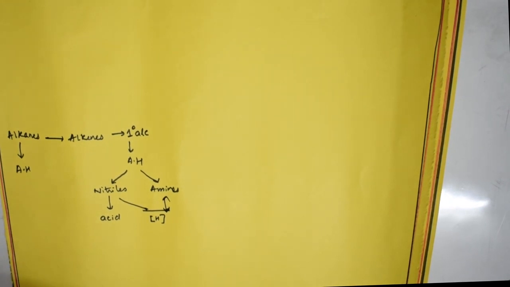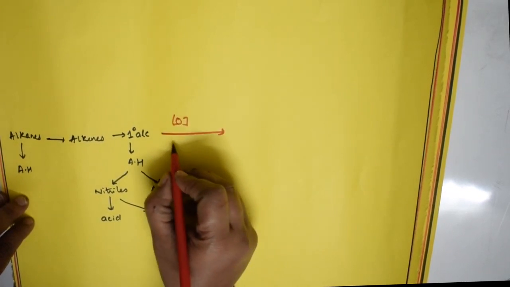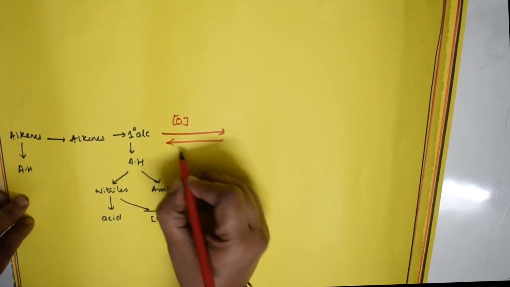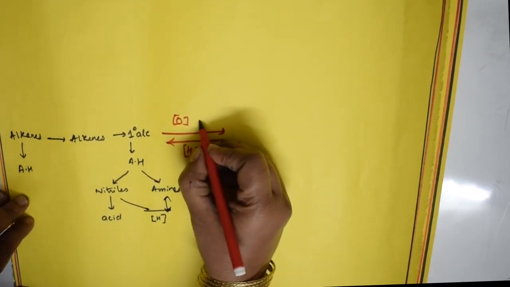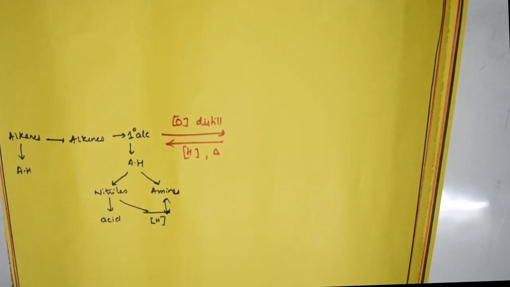Now let us start. Further, for primary alcohols, as I said, we are going to perform oxidation in the forward direction and reduction in the backward direction. This is your distilling part and this is your heating part. Now what happens?